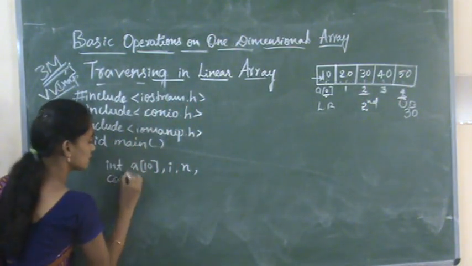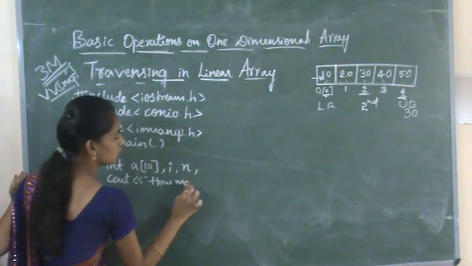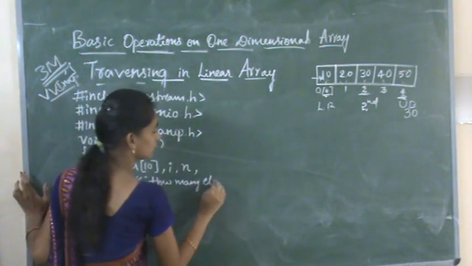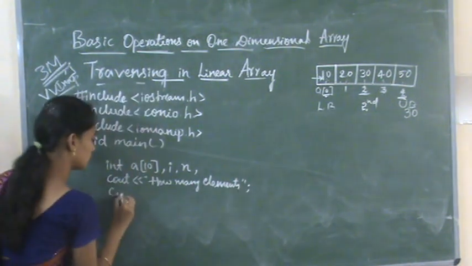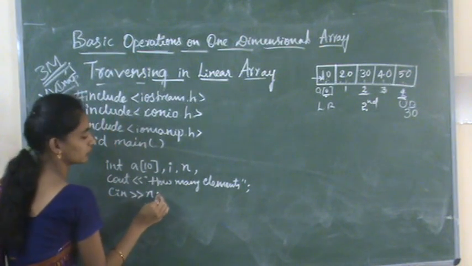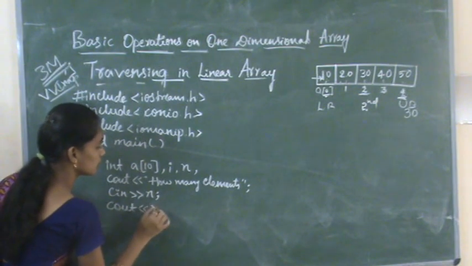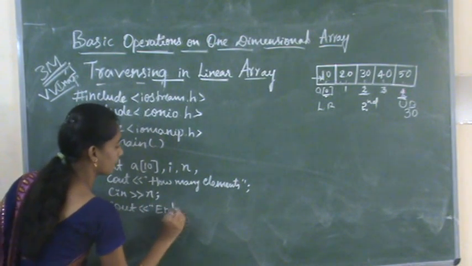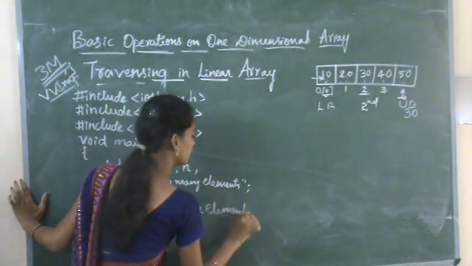So cout how many elements, cin for this we are using n. Okay. So next cout enter the elements.